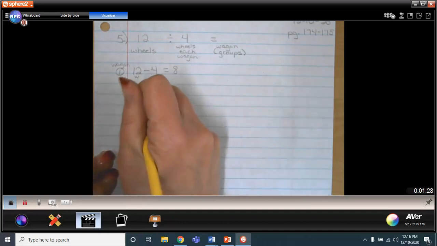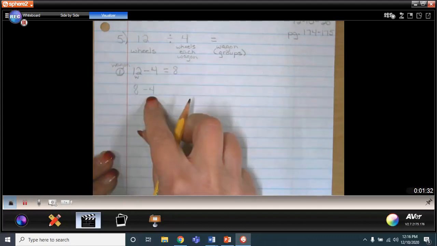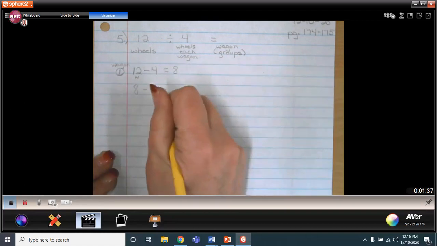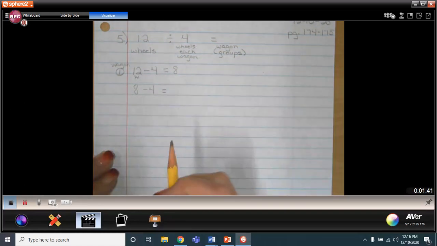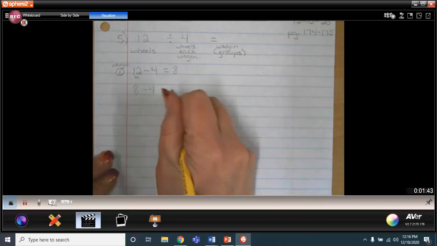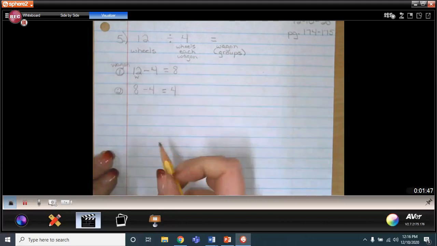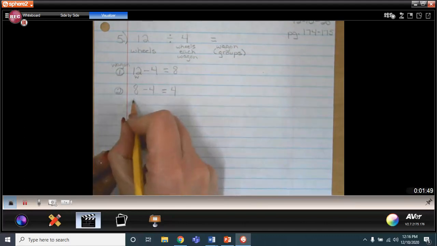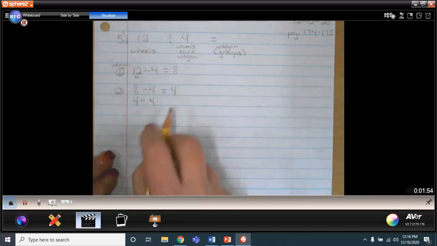Now I have 8 wheels, and I'm going to take 4 more wheels away, and I'm going to put it on a wagon. Now, once I put it on that wagon, I'm going to have 4 wheels left. So this is my second wagon. Now I'm going to take the 4 wheels that are left, take away 4 more, and put it on a wagon.